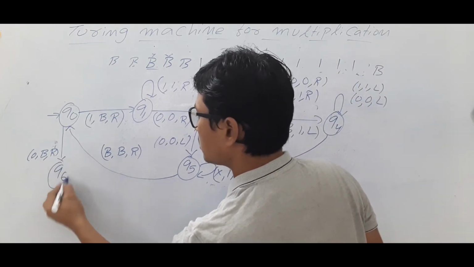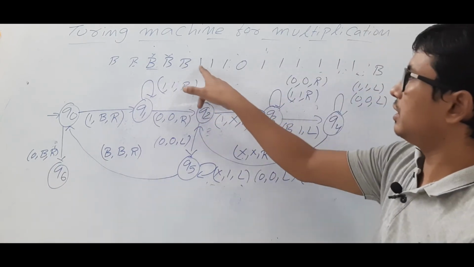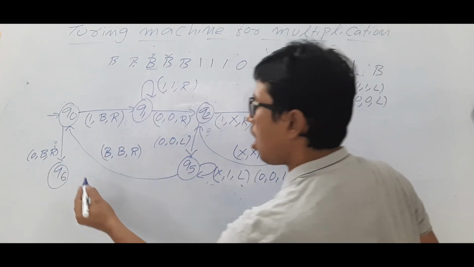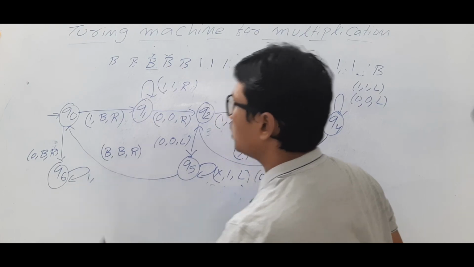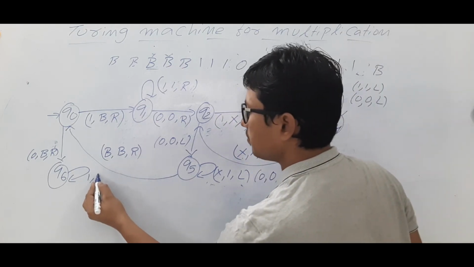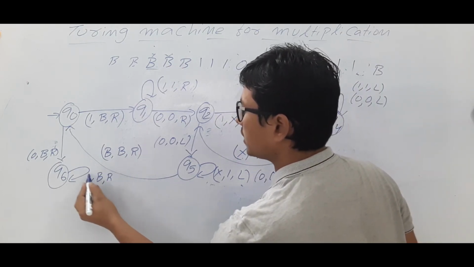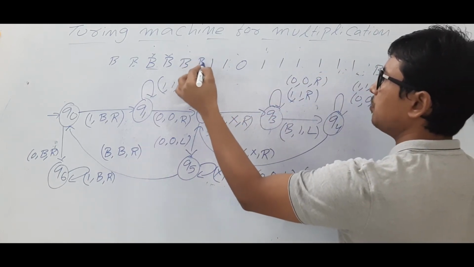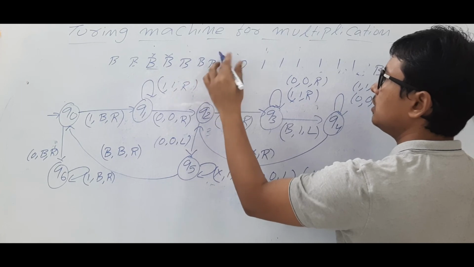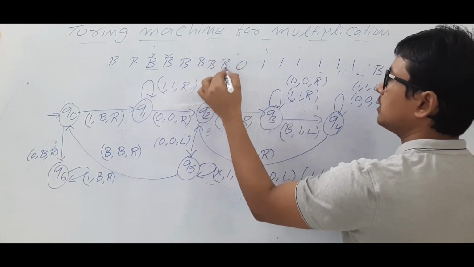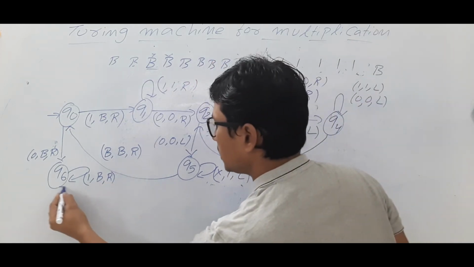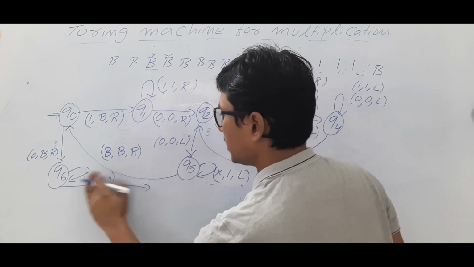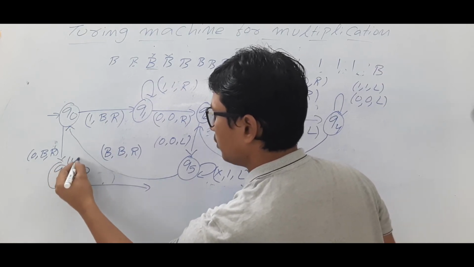This q6, this one you are done, you will get number of ones. All the ones you make it as a blank, move to the right. Then you are in the state called, let me write this one here so that it will avoid the confusion.